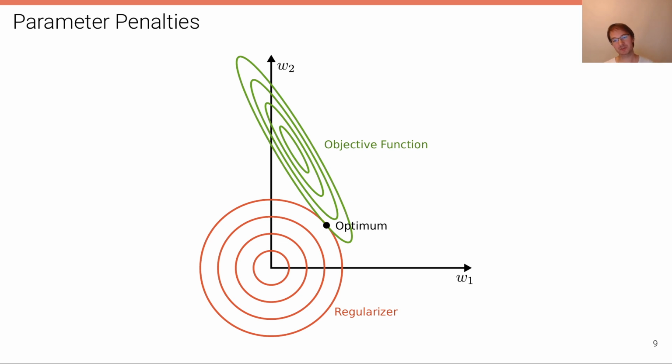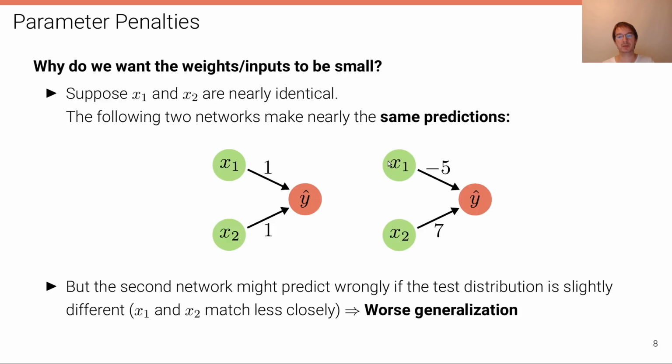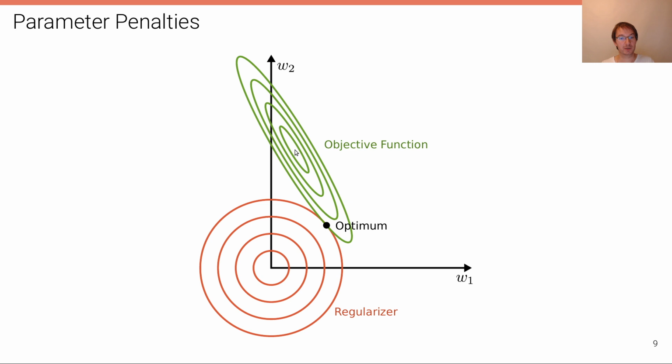And now because we have these two competing objectives, if we optimize the joint objective, the summation of the objective function with the regularizer, then the optimum is no longer here, but somewhere here, because these two objectives are competing with each other.